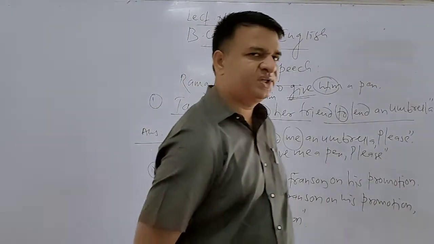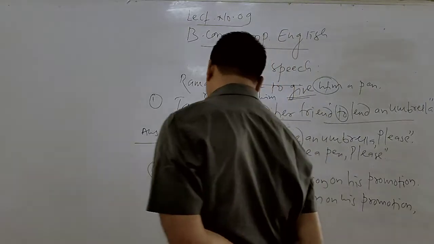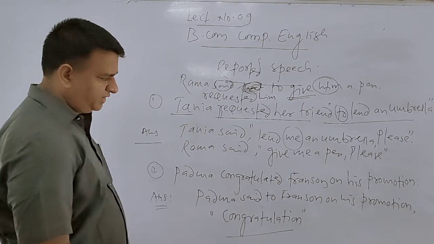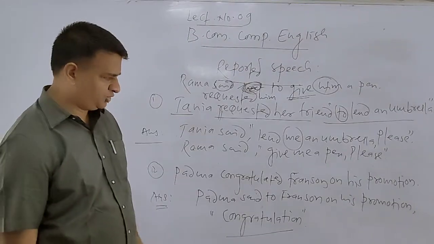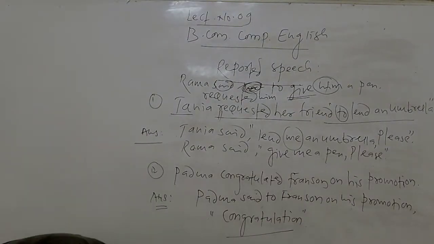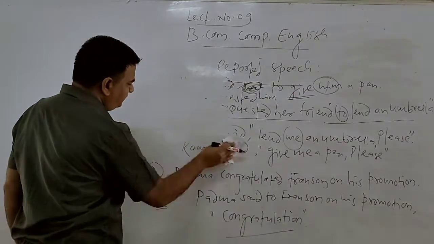Padma said to Fraser on his promotion, congratulations. And the same sentence we simply say, Padma congratulated Fraser on his promotion. This is the simple one and gives the information of direct to indirect speech.